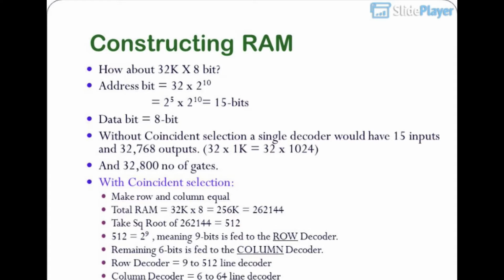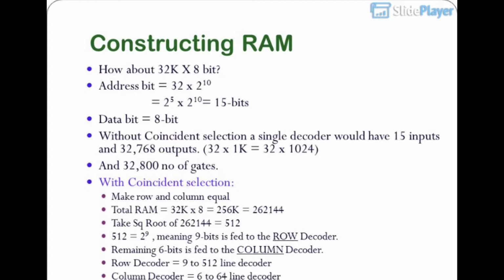With coincident selection, make row and column equal. Total RAM equals 32K x 8 equals 256K equals 262,144. Take the square root of 262,144, which equals 512. 512 equals 2^9, meaning 9 bits are fed to the row decoder.